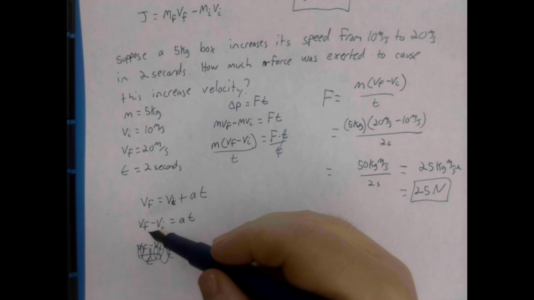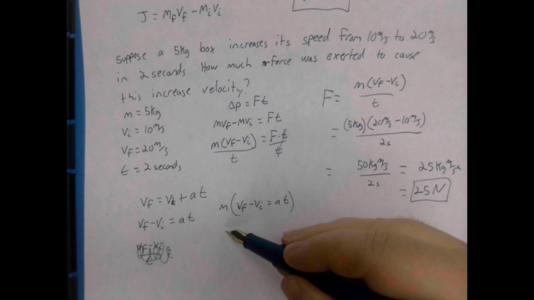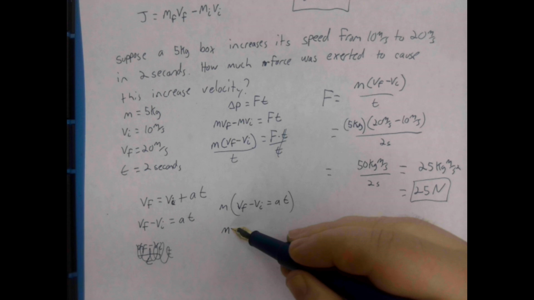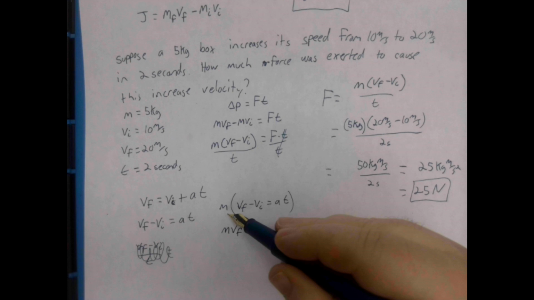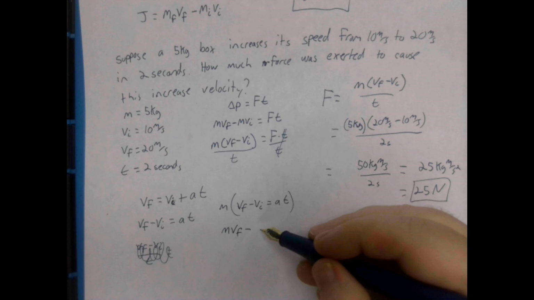If we multiply both sides of this equation by mass, starting from Vf minus Vi is equal to at, I end up with mass times final velocity, minus mass times initial velocity, equal to mass times a times t.